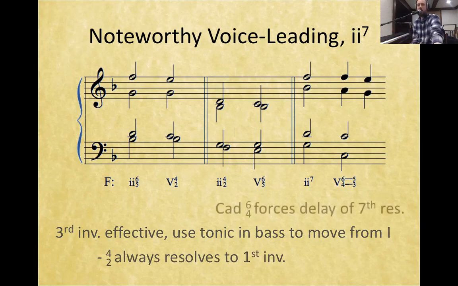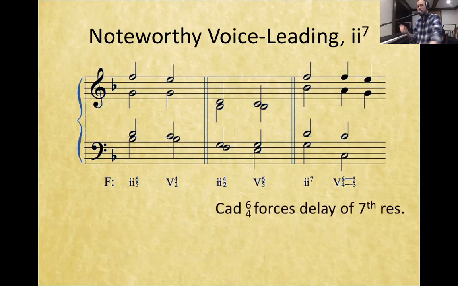All right, let's look at one last example here, which is a root position 2-7. Root in the bass, 3rd in the alto, 5th in the tenor, and 7th in the soprano, going into a cadential 6-4. So here's 2-7, cadential 6-4, to a triad, and we'd probably go to 1. And what we find is that the 7th in the soprano here is going to resolve downwards because that's what 7ths do.